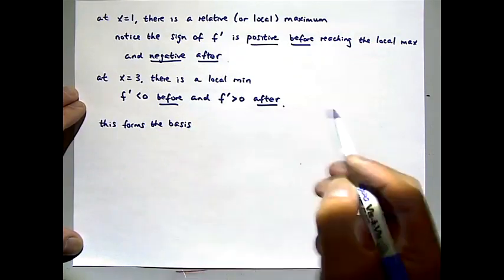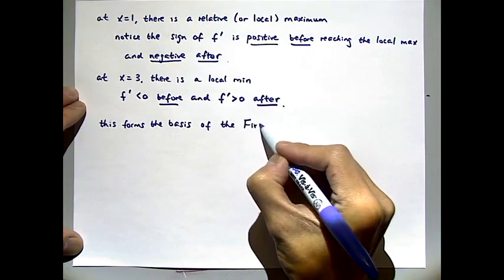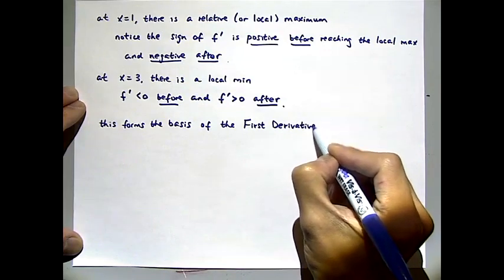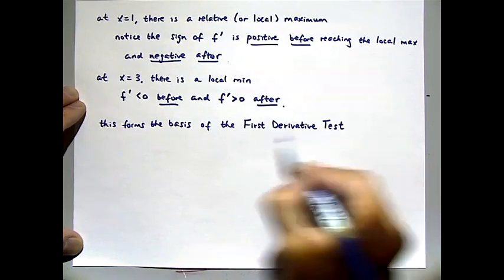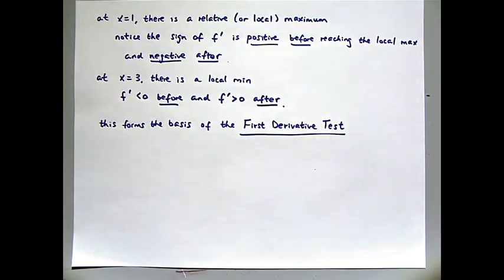So that idea forms the basis of what's called the first derivative test. The first derivative test is what you would use to find the maximum or the minimum of a function.